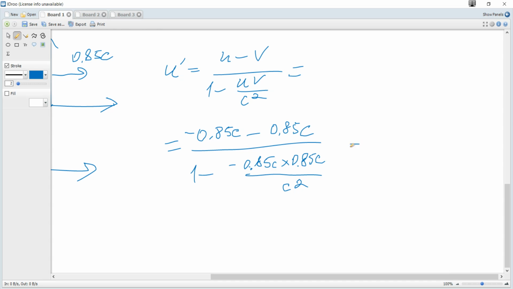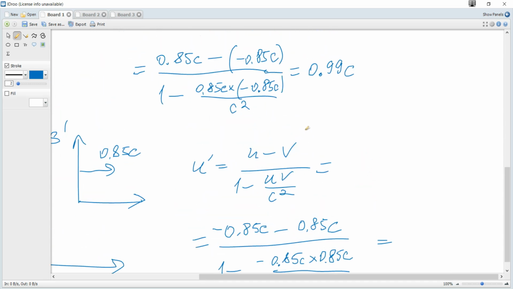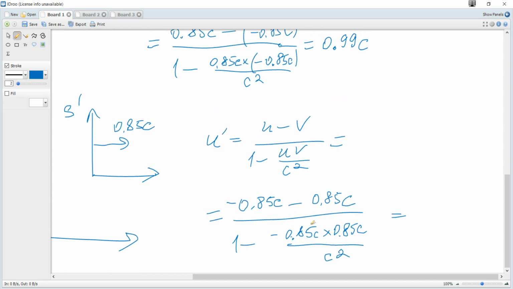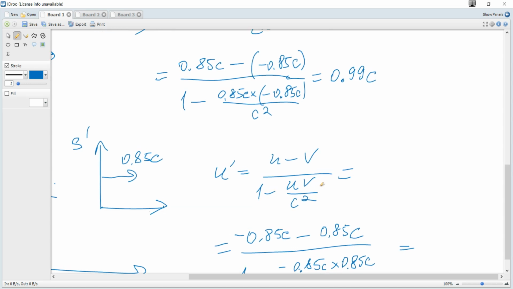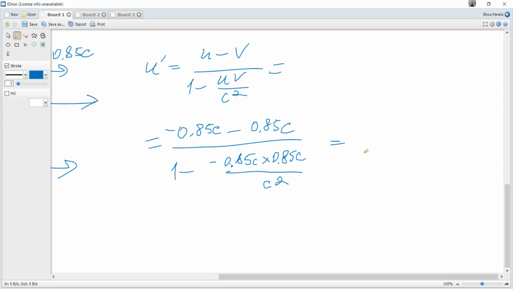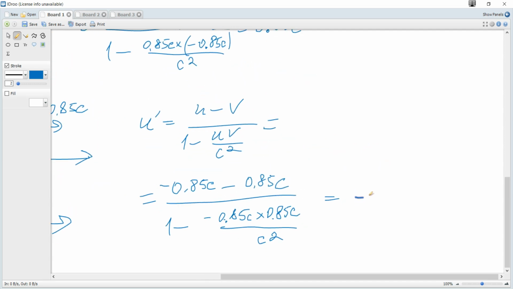And you can see that we get absolutely the same by magnitude. The denominator is the same, 1 plus, and you can see that here it's 1.7, but here it's negative 1.7, and finally we get negative 0.99 c.